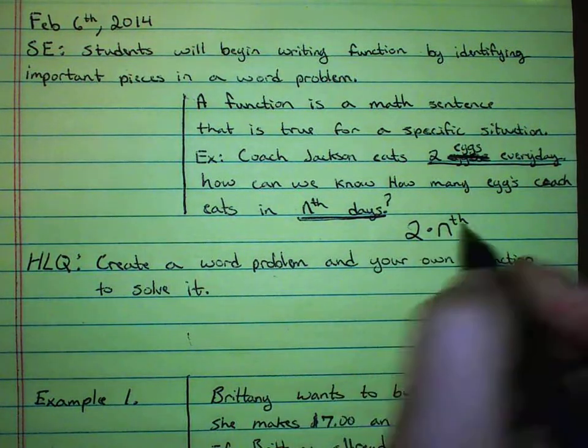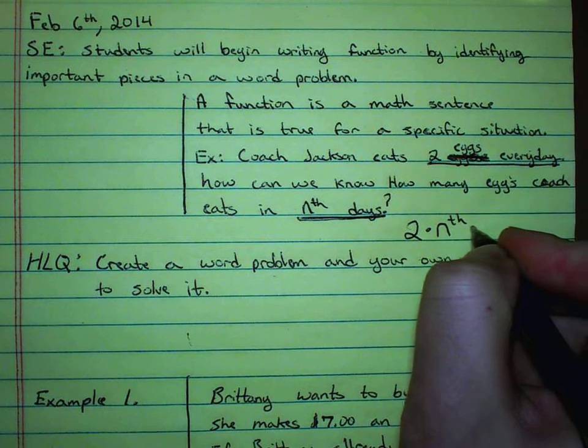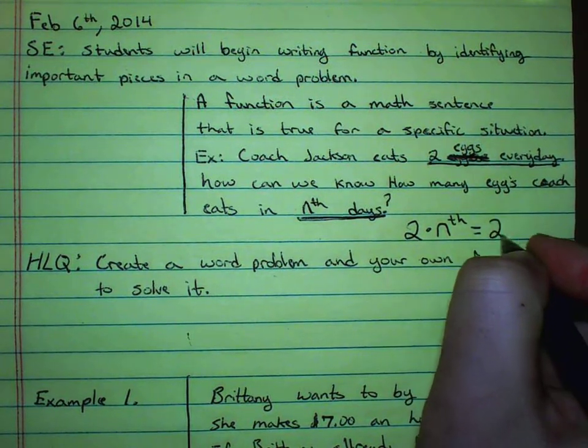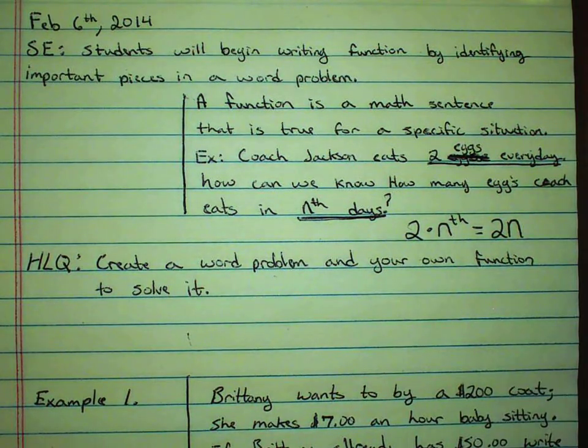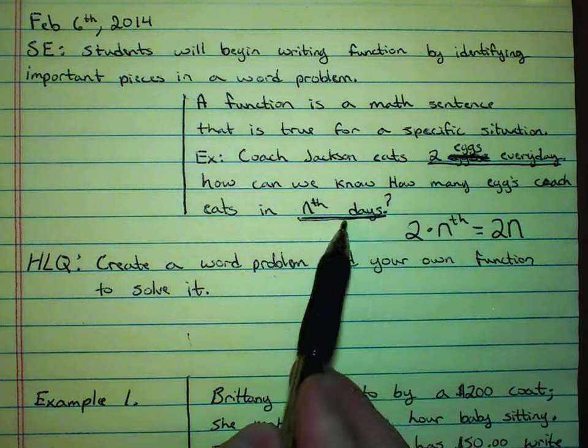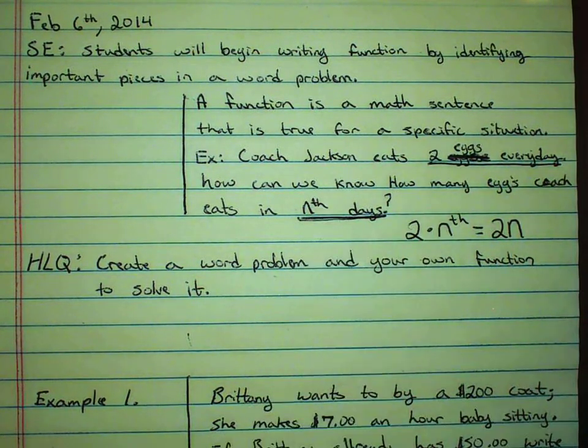I can write that like this, or I can write it like this, and both are the exact same thing. Okay? That's all we're going to do. We're going to identify the important parts, like I have here underlined, and create our solution.